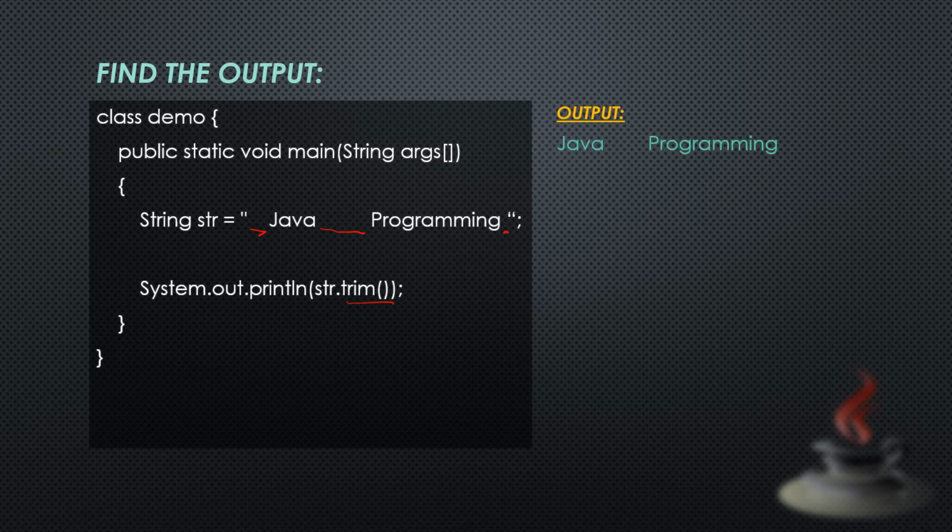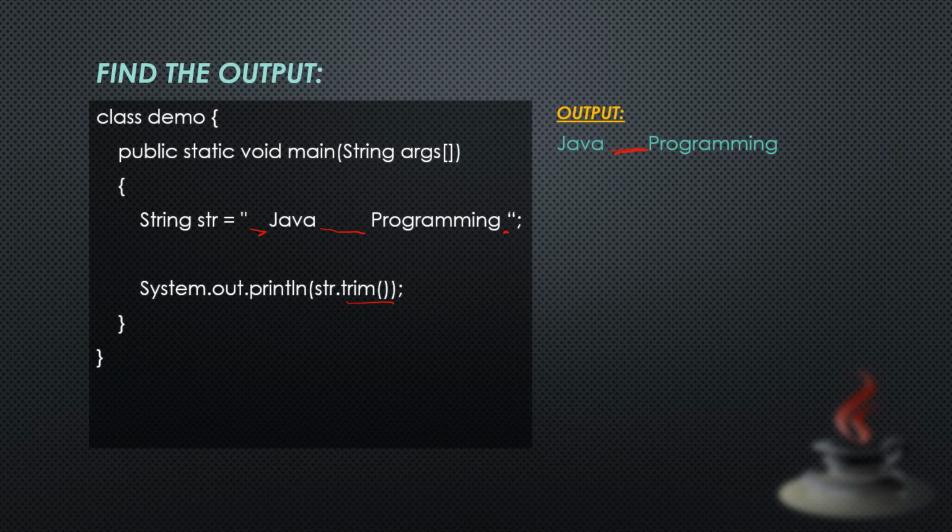Okay, so what is the output? The output is Java programming, meaning all the space before Java is trimmed out, as well as after programming. But if you see between Java and programming, there is much space. That space is not omitted or trimmed.